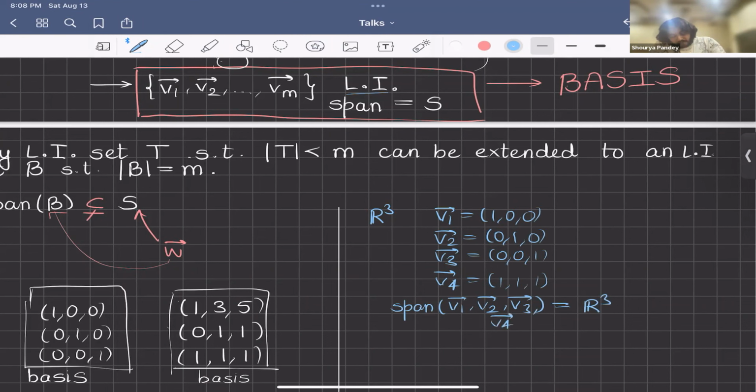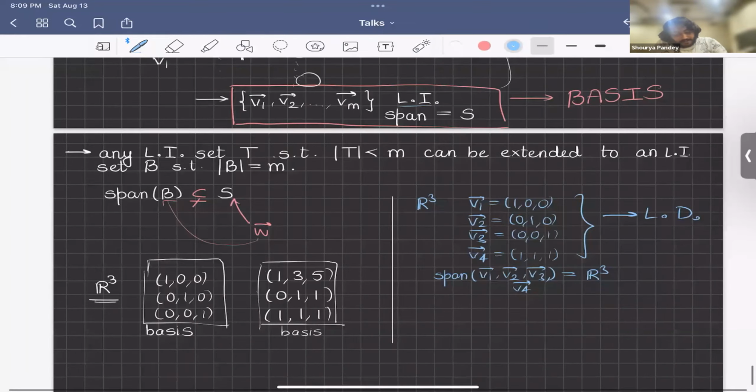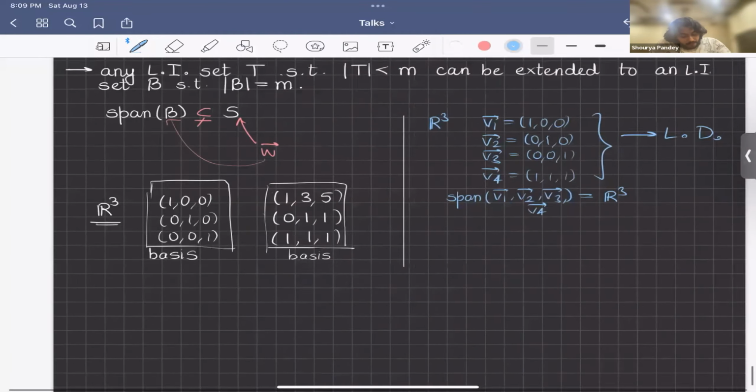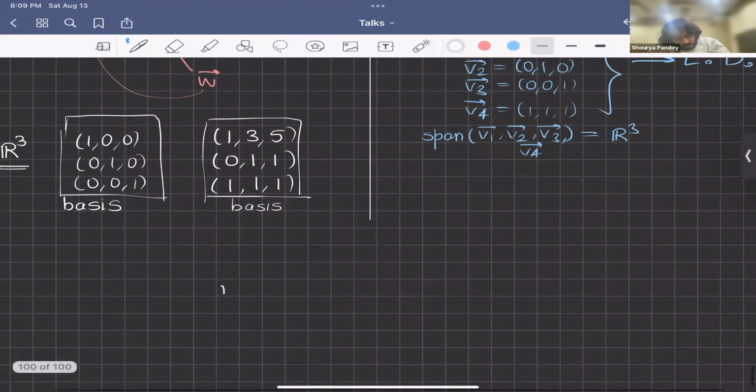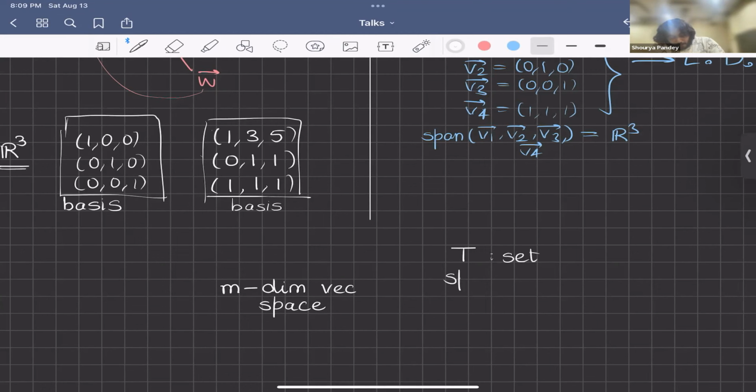R cubed, but this is, sorry, 4, but this is not a basis because it's linearly dependent. So the point is that for any m-dimensional vector space, if T is a set such that the span of T is equal to S, then there must be at least m vectors in T, right?